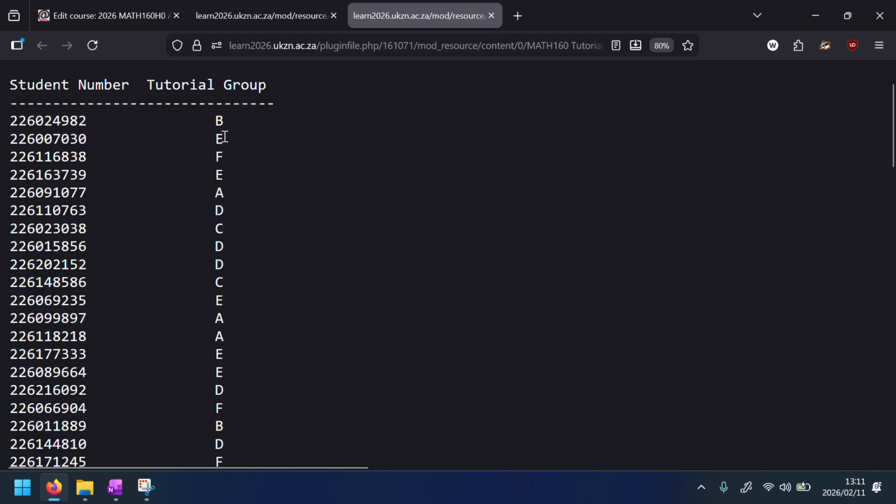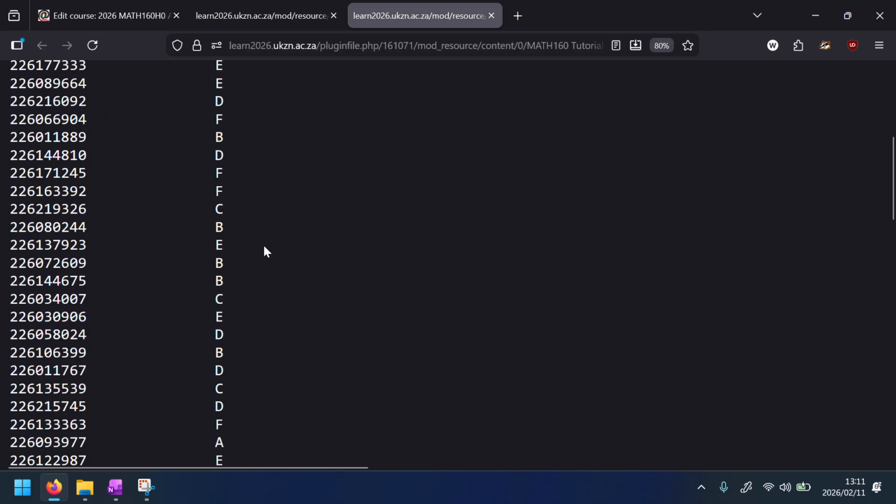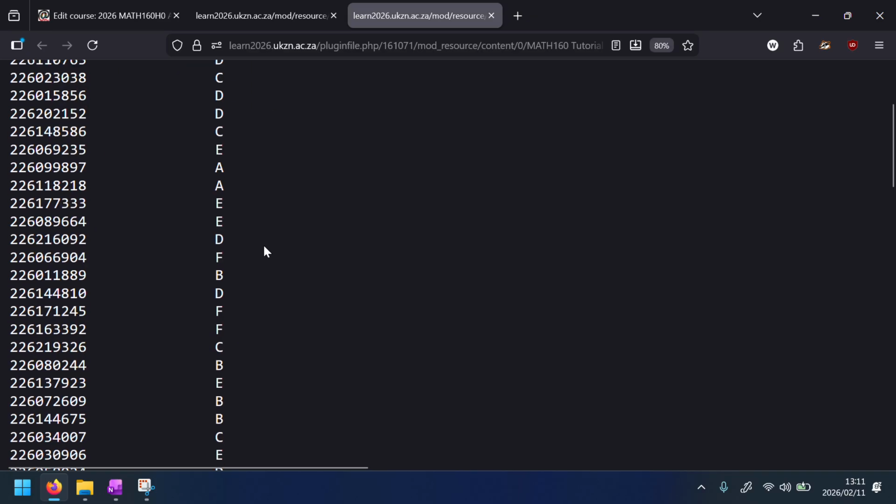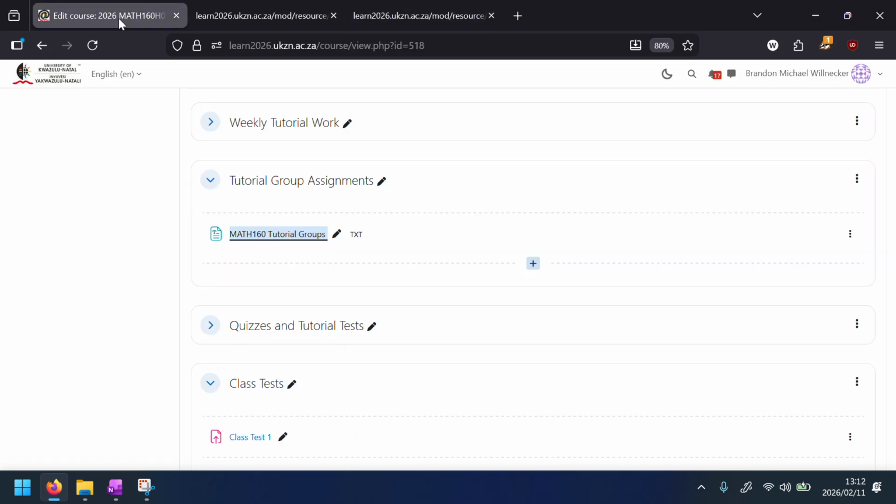You just find where you are, and it will have your group next to it. Each of these groups, A, B, C, D, E, F, whatever group you're in, has an assigned tutor. You go to that tutor for help, and once you're done with the tutorial work for that hour, you go to that tutor and they will check you off the class list. You can't go to any tutor. If you're in group A, you go to tutor A, who has the list for that group. If you go to someone else, they don't have the list, and you're not going to be checked off.